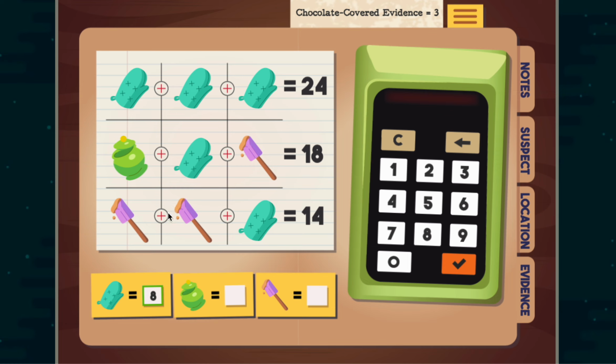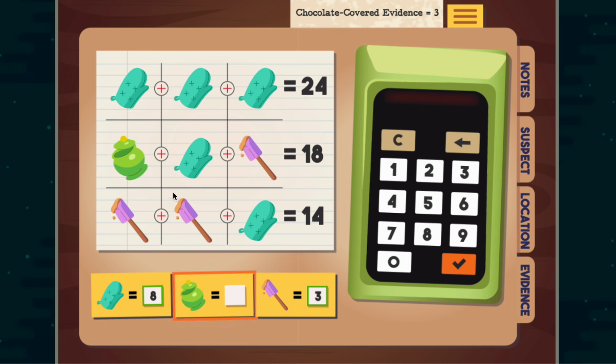I want to isolate the x by itself, so I move this 8 over, that means 14 minus 8, which is 6, but the 6 has to be split between 2 of them. So this would end up as 3 each. So 3 plus 3 is 6, 6 plus 8 is 14. So our number sentences are matching up.